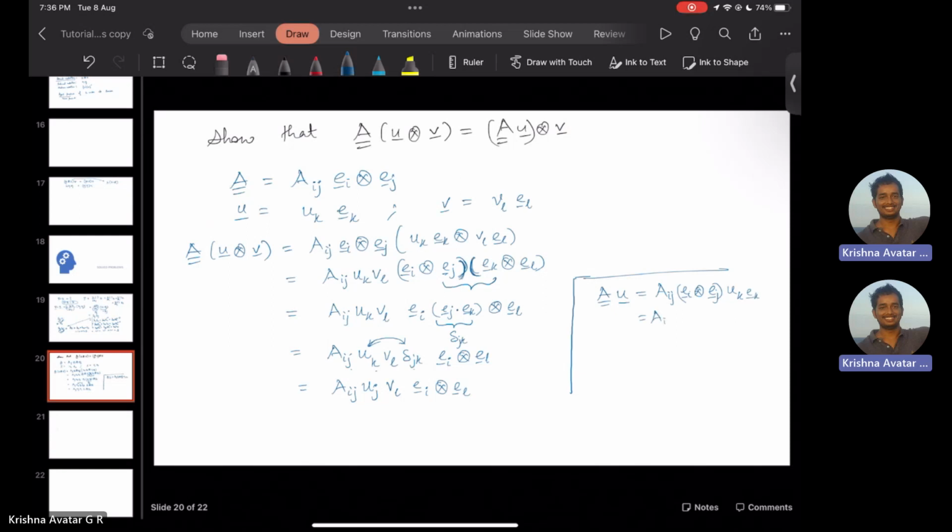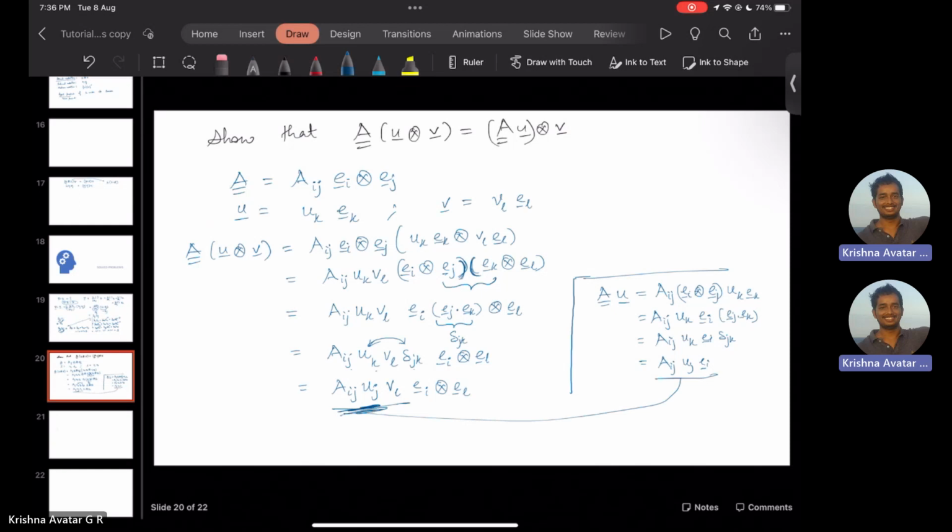This will be A_ij u_k e_i (e_j dot e_k), and this becomes A_ij u_k e_i delta_jk, and we'll use the same substitution property such that it becomes A_ij u_j e_i. Now you see that commonality here, right? This is the same as this.